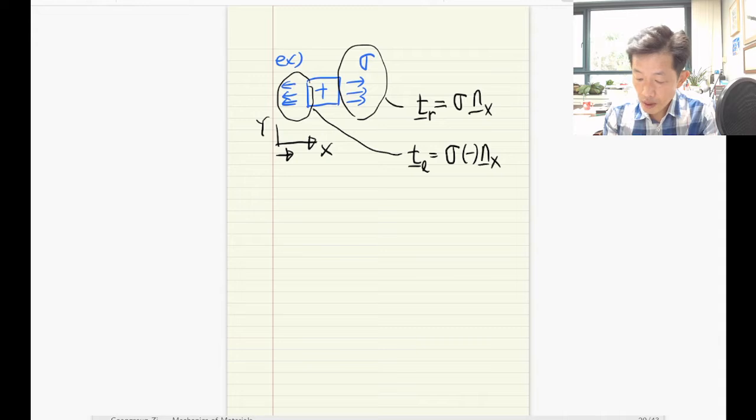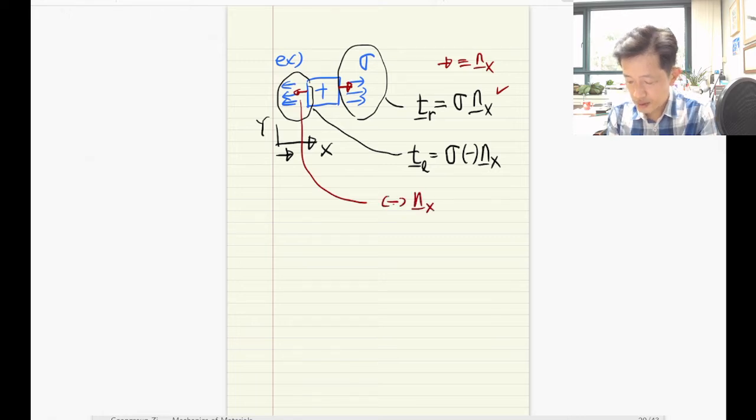And then I'd like to define the direction where we measure. For example, in the case of the first one, we consider the projection of the stress state with respect to this direction, isn't it? So that direction is equal to the nx direction. But here, if you look at the left-hand side, we have the minus nx direction, isn't it?